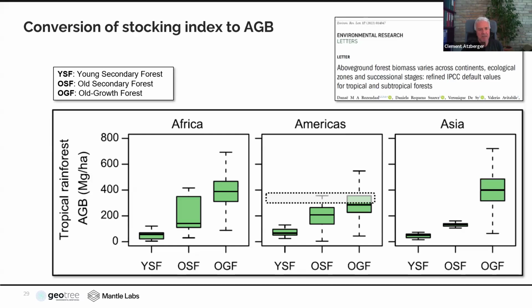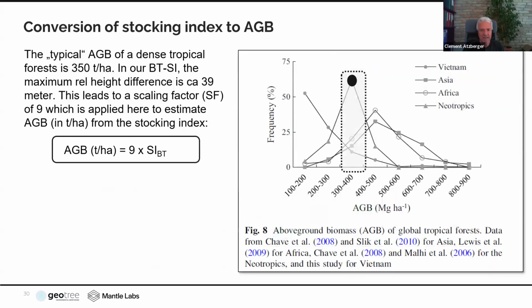What we found in the literature is roughly 350 tons per hectare, as you see in the graph here in the center. Now we simply assume that the highest value that we get in terms of the height corresponds to this 350 tons. So it's a simple scaling.